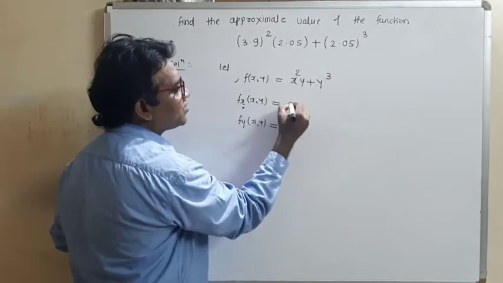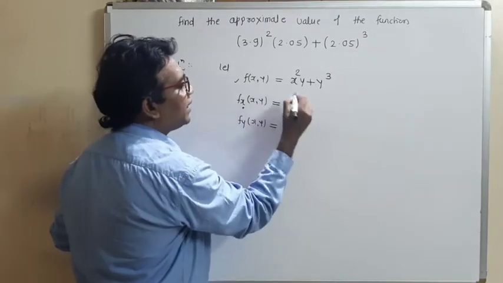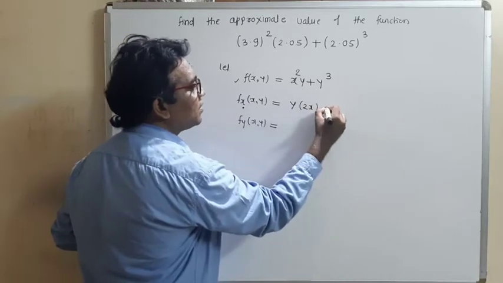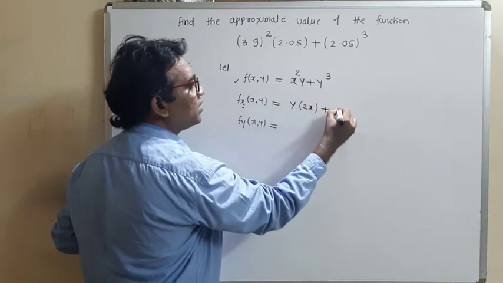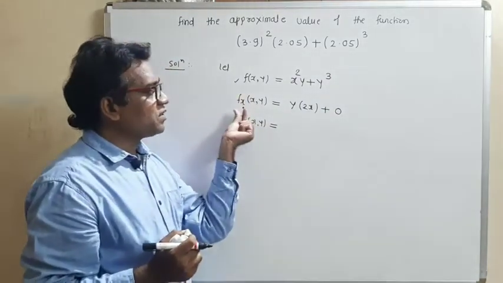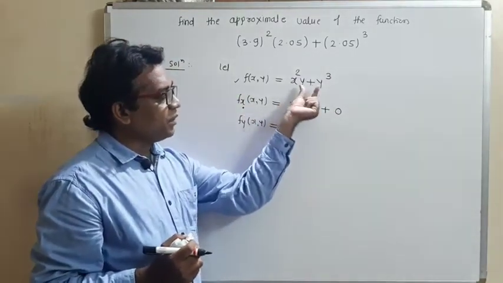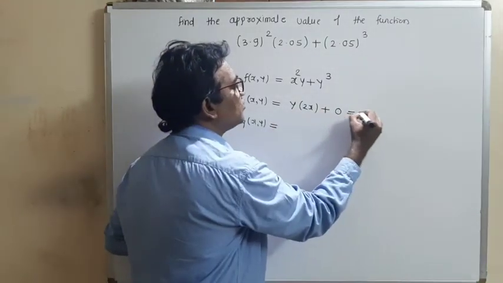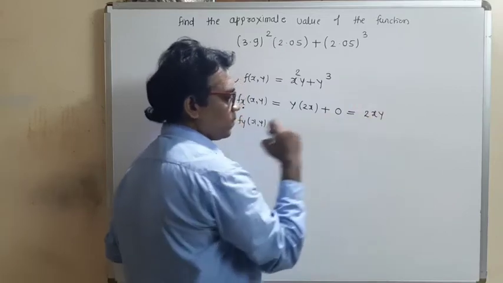So y is constant, and the derivative of x square is 2x, plus y cube is a constant quantity, so its derivative will be 0. This is equal to 2xy.